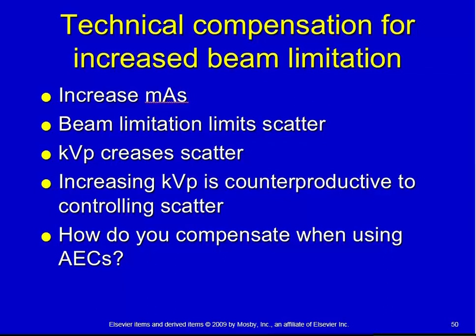So if you collimate, basically what it's going to do is it's going to give you a higher mass naturally. You don't manipulate the AECs. The AECs detect the proper amount of radiation and they terminate the exposure whenever they're ready to. So if you're phototiming, you don't have to adjust anything for your increase in collimation.